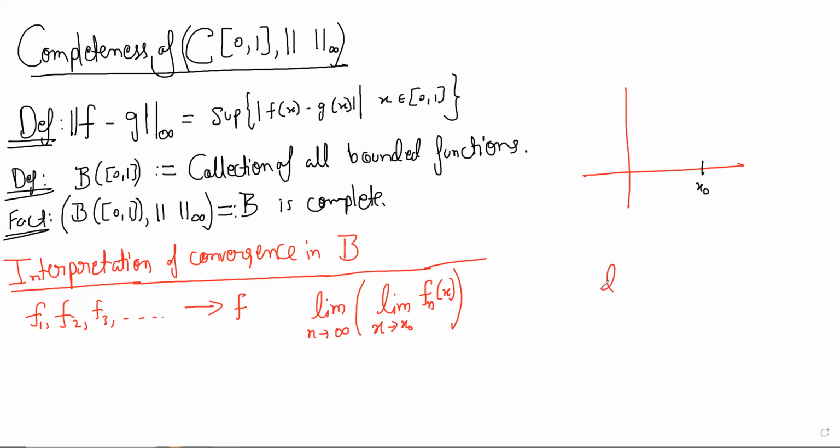Just reverse the order, and you know what I am going to say. And then you take limit x tends to x naught. Okay. Now, of course, you already know that this is the function f(x), right?